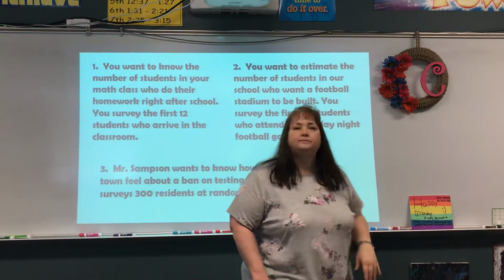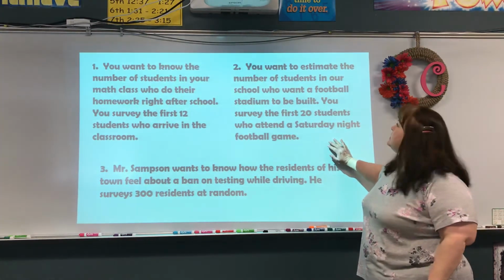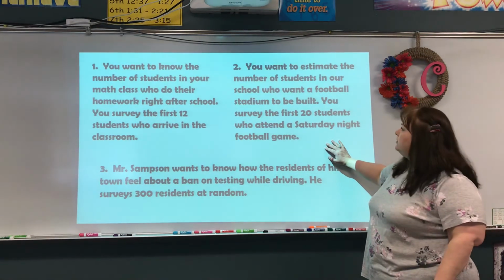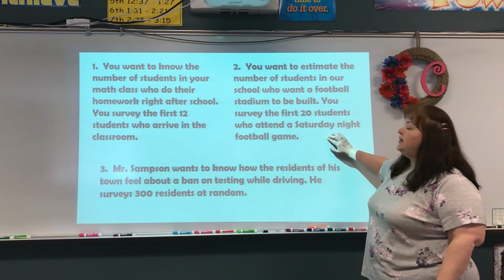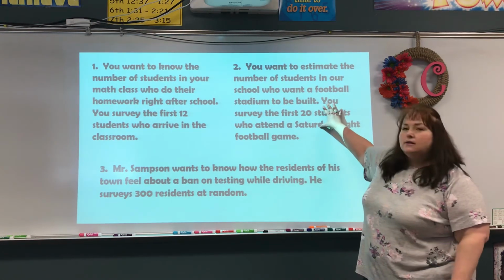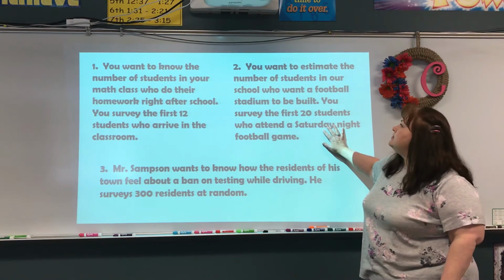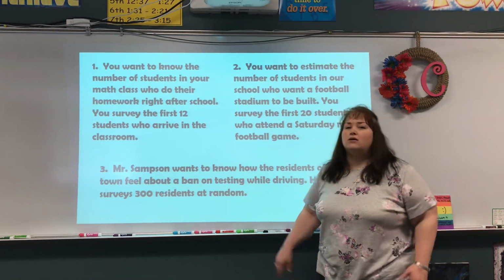Number 2, you want to estimate the number of students in your school who want a football stadium to be built. You survey the first 20 students who attend a Saturday night football game. Okay, so this sample is biased because you're looking at building a football stadium, and who did you ask?